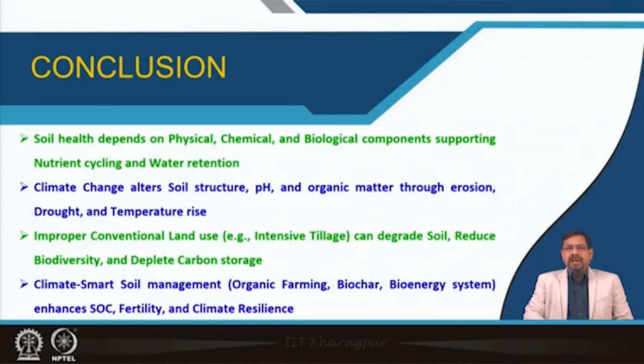Improper conventional land use, that is intensive tillage, can degrade soil, reduce biodiversity, and deplete carbon storage. Climate-smart soil management in terms of organic farming, biochar, and bioenergy systems enhances soil organic carbon, fertility, and climate resilience.